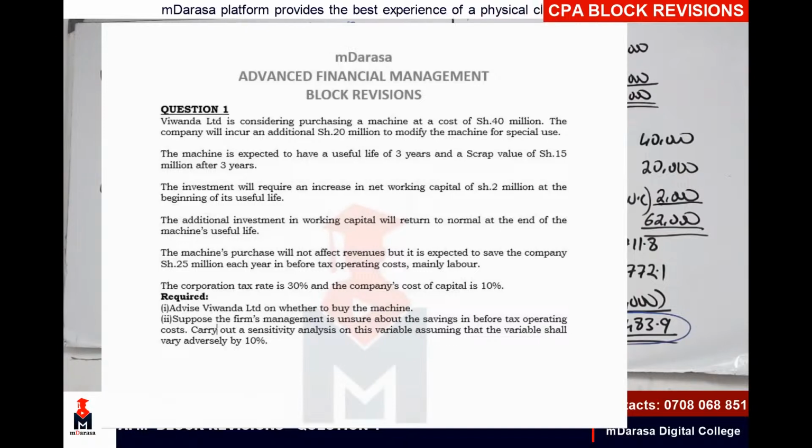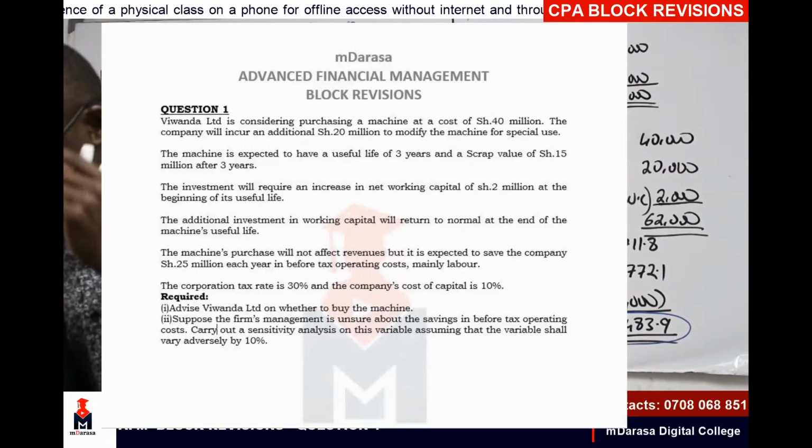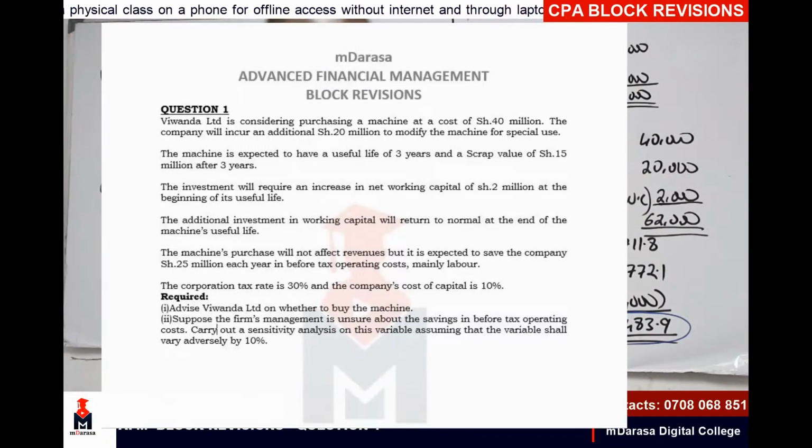The savings before tax initially we had 25, but you are unsure. So you're supposed to carry out sensitivity analysis on this variable, assuming that the variable shall vary adversely by 10%.